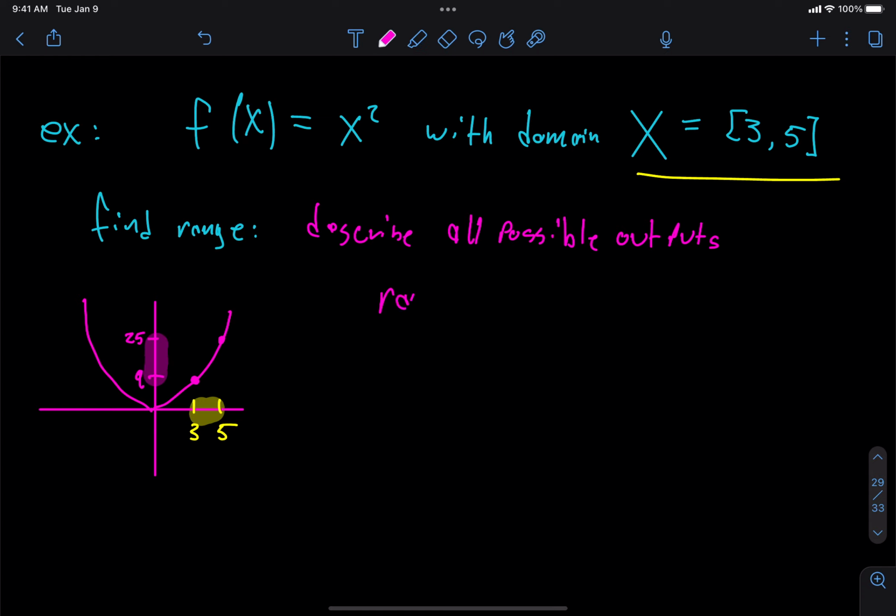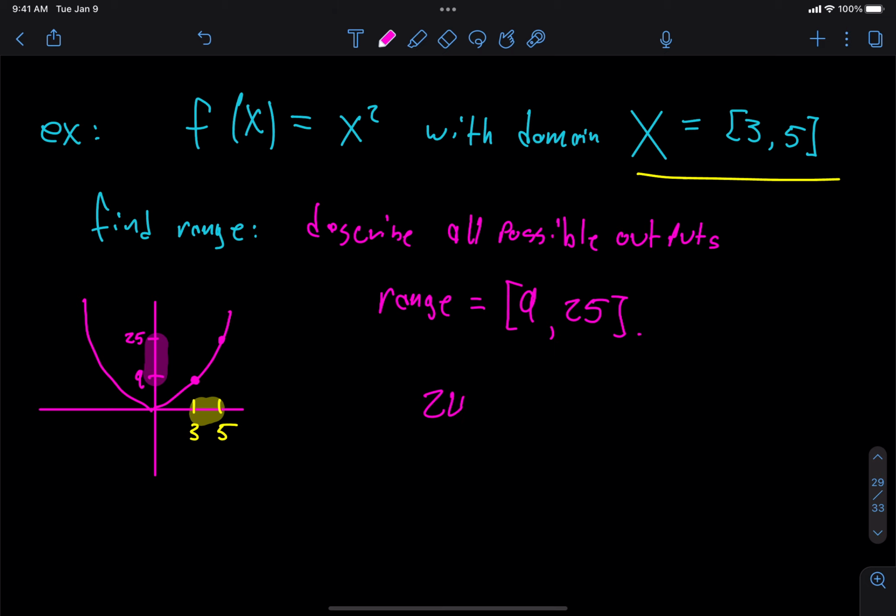So in this case, the range is going to be equal to the interval 9 to 25, including 9, because if I plug in 3, I get 9, and including 25, because if I plug in 5, I get 25. And I can get all the other numbers in between, right?